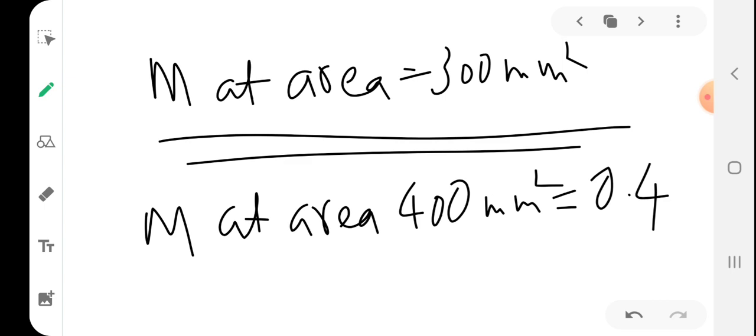So how to solve this problem? Students, since this is a problem involving area, we will use this particular term A by A star.